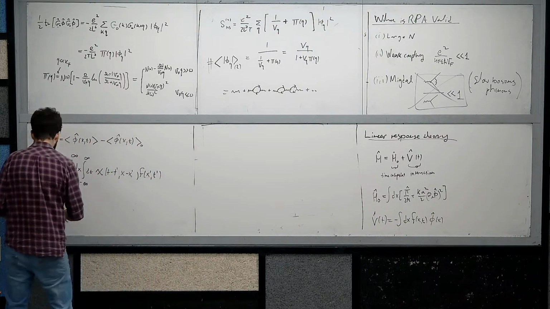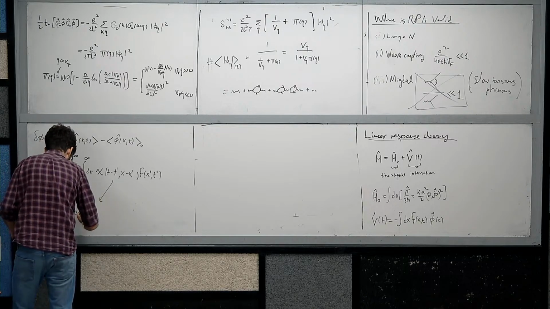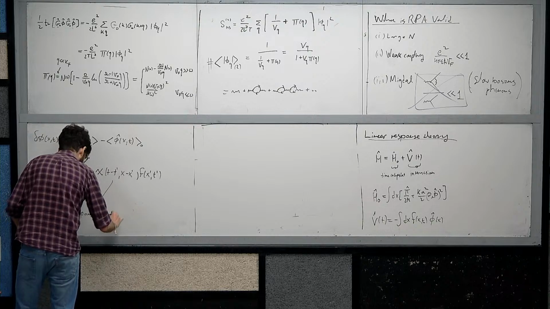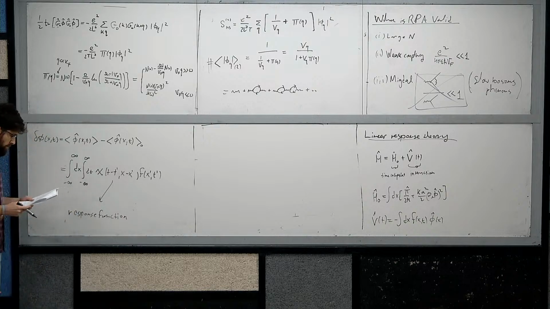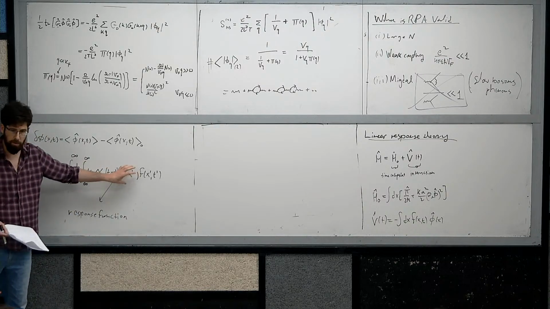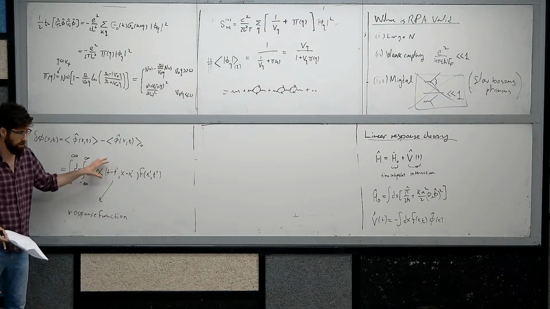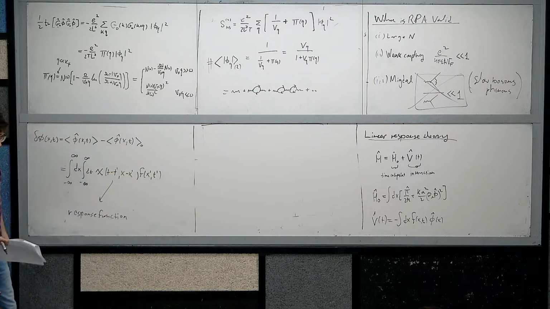So this chi is what we call the linear response function. And this is our goal. This is what we want to compute. Because if we know this, we know how the expectation value of the field responds to the field, at the linear level.